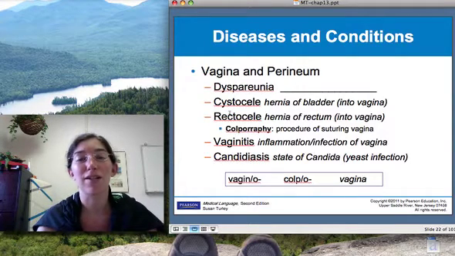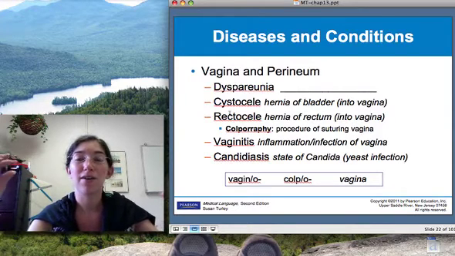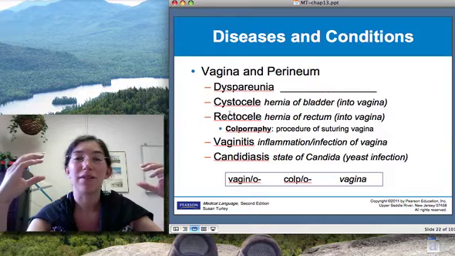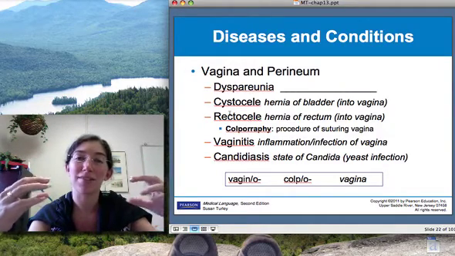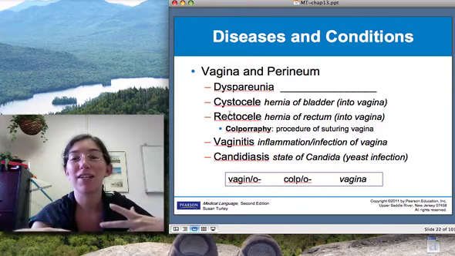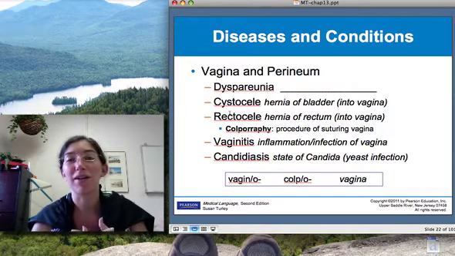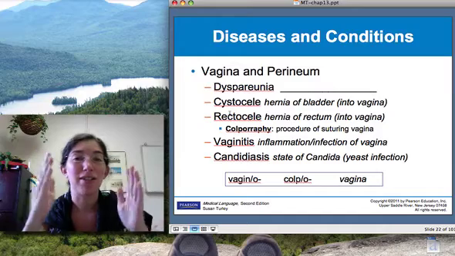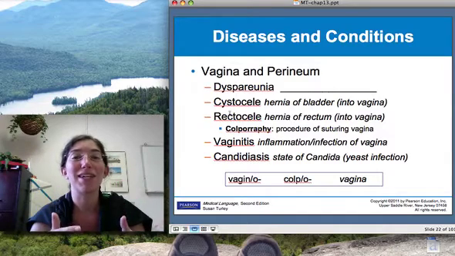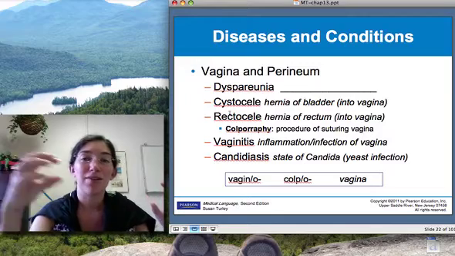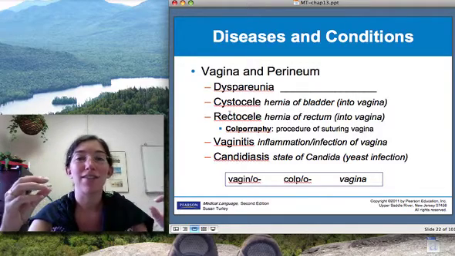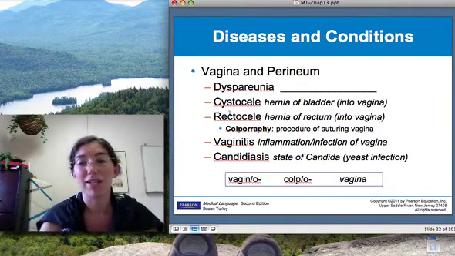Cystocele and rectocele. Remember on that first slide I talked about how the bladder and the rectum are close compartments to the vagina. And particularly in childbirth during labor, there can be trauma done to the vaginal wall, and it weakens on one side or both sides, and either the bladder herniates into the vagina or the rectum can herniate into the vagina.